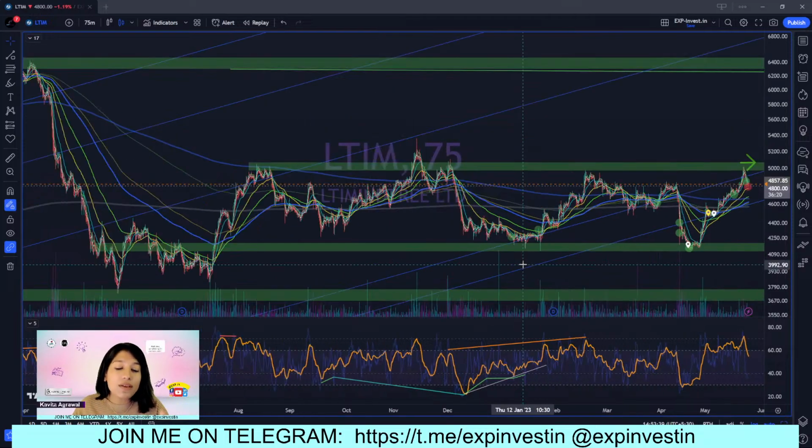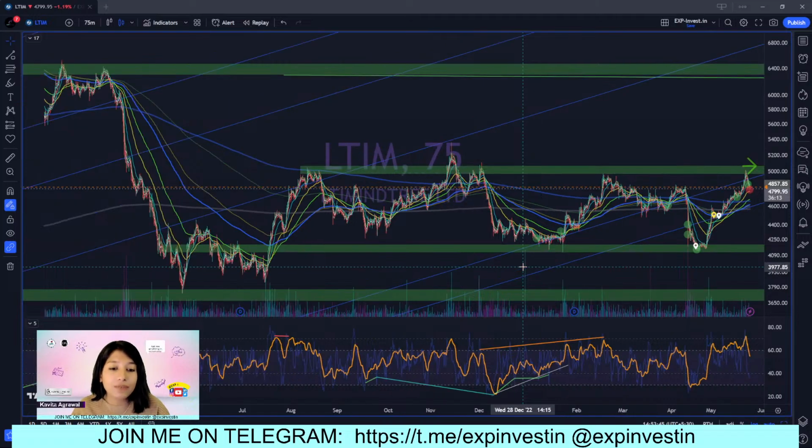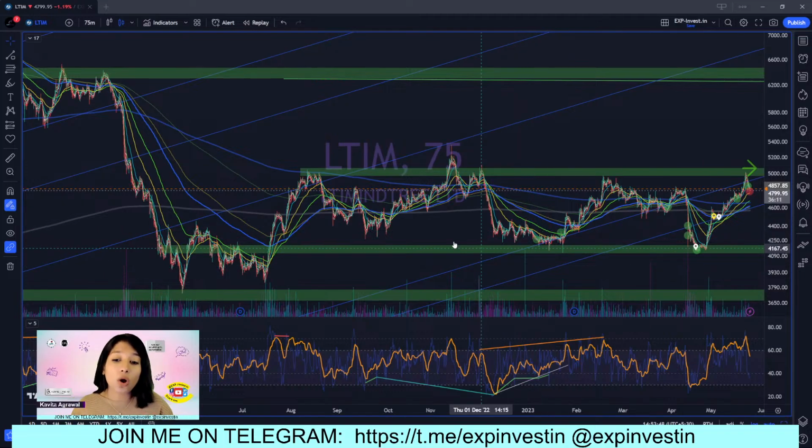If you look at the 75-minute chart itself and just look at the past price activity, it's very evident that the stock has been taking strong support at the level of 4,136.